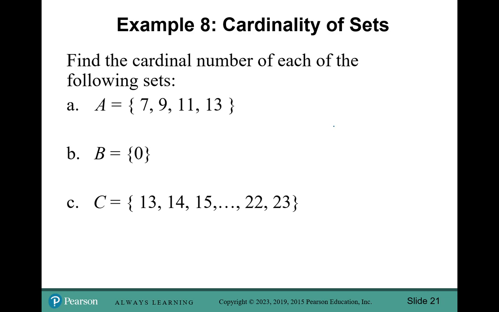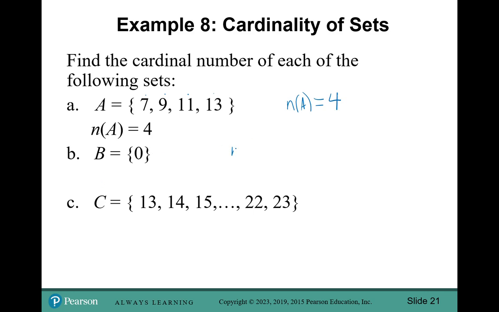It wants us to find the cardinal number of each of the following sets. Basically, the way we would do it, we would write n of A, which means the cardinal number of A, equals, okay, how many numbers are in this set, or how many things are in this set? I've got 1, 2, 3, 4. I have 4 things in this set, so the cardinal number of the set is 4. Boom, that easy. If I look at set B, it contains 0, and that is the only thing it contains.